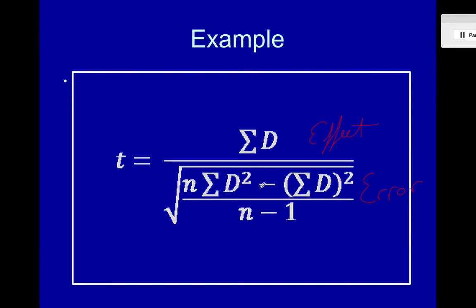Now you'll notice that there are new statistics being introduced here. We have this statistic here, that's our D. What does D represent? D represents the difference that we actually have, and this is the difference from post-test to pre-test. So post minus pre-test.